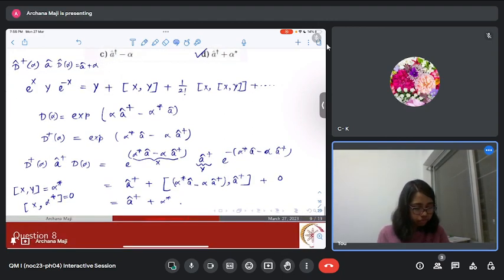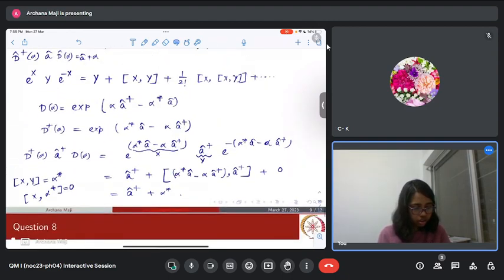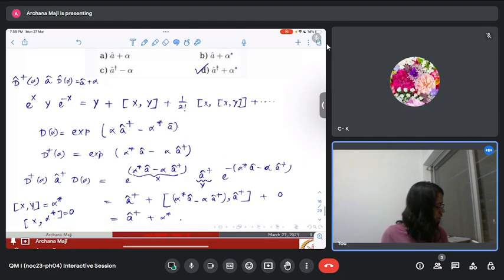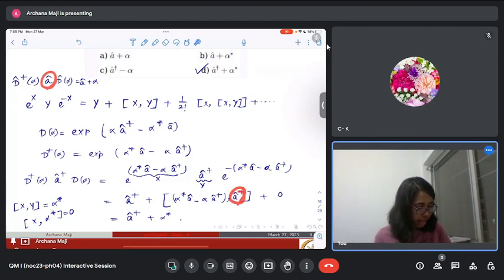Or the minus will be there. Okay, so what will happen if it is a dagger? Just this will get replaced by a dagger, and then this commutator will give you a non-zero result, and there is minus already, and the a dagger with a commutator is minus 1, so you will get plus alpha. Simply do this for your own benefit.